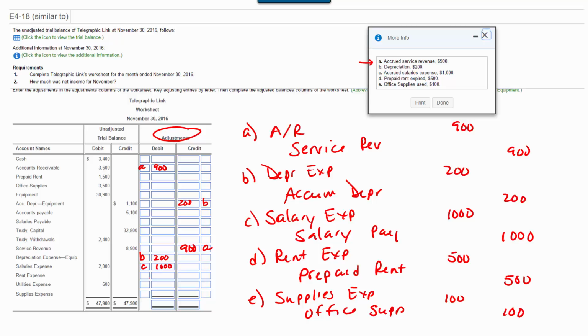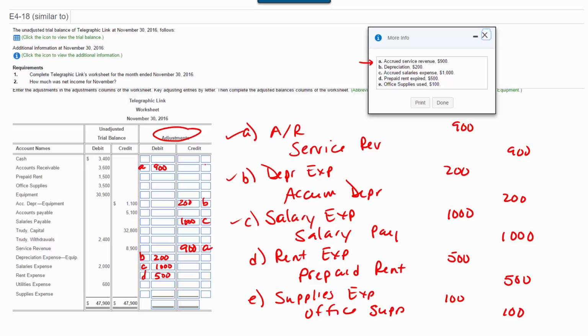Transaction C, I debited salaries expense for $1,000. And I credited salaries payable, so that's over here, $1,000. Transaction C, so that one's done. Transaction D, I debited rent expense, so that's here, $500. The letter is telling me what it was, so that I can double check everything or see where I got it.